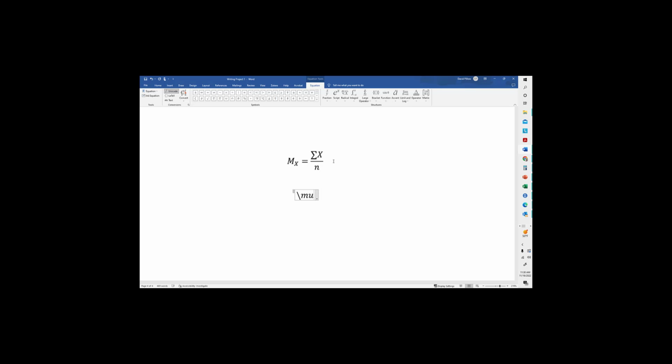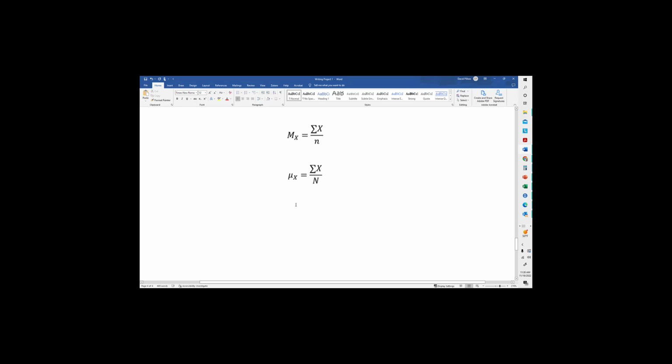Mu, subscript, x equals. So the mean of the x's is equal to, again, sum of the x's divided by big N, return, and there I have my population-based formula. Very pretty. And I didn't have to bother with the insert.